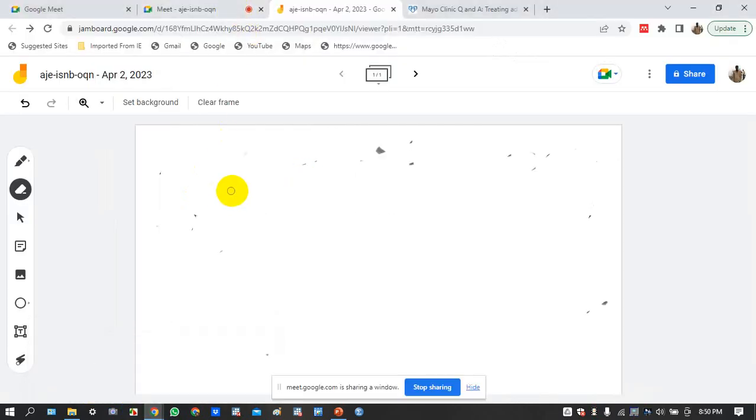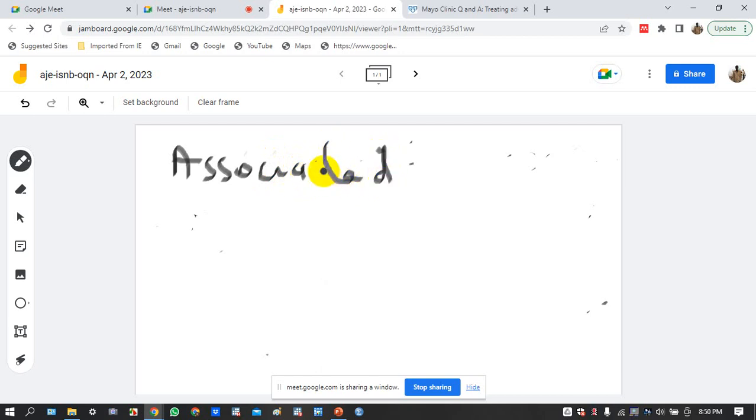So association and causation. Let's find the difference. Association. When we say that a risk factor is associated with a disease, what is the meaning?